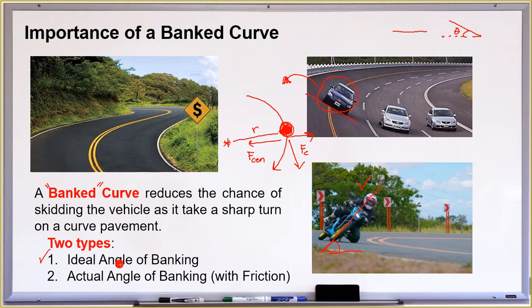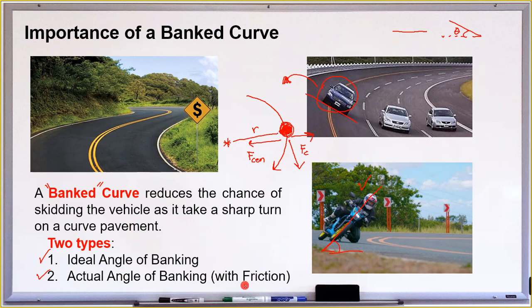There are two kinds of banking. The first one is the ideal condition, the ideal angle of banking, wherein we assume that there is no friction between the road and the tires of our vehicle. The second one is the actual condition, or the actual angle of banking.